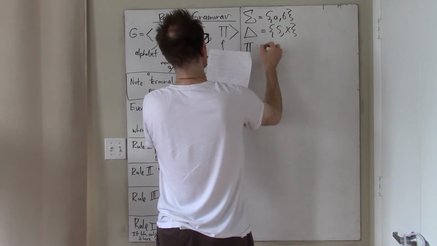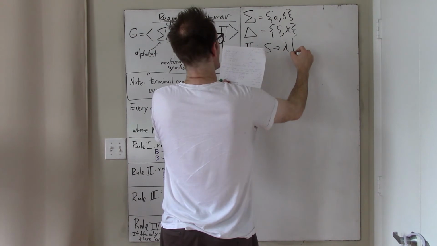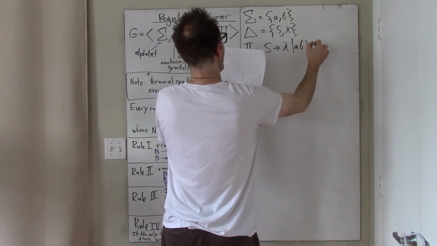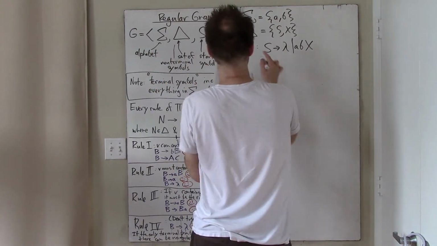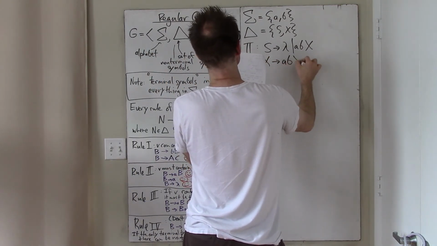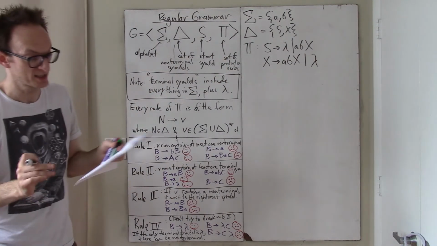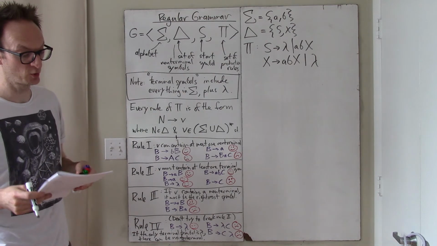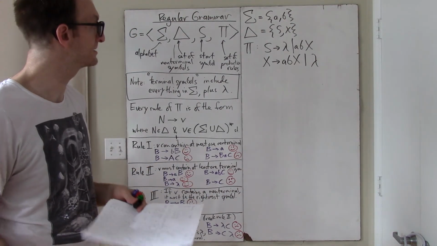The rules are S goes to either lambda or ABX, and X goes to ABX or lambda. Okay, so let's try to understand what this grammar is doing.